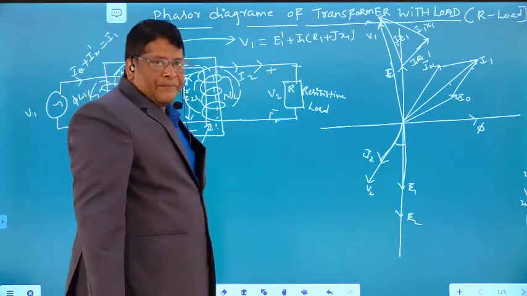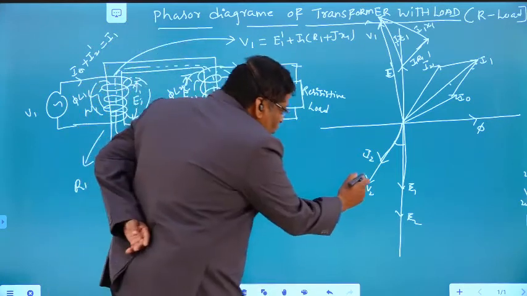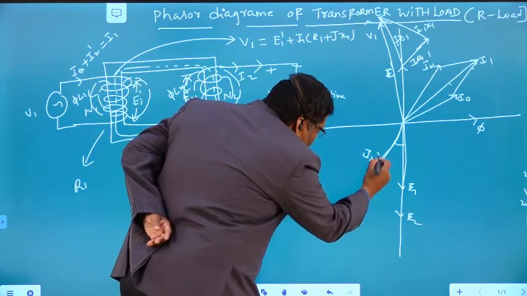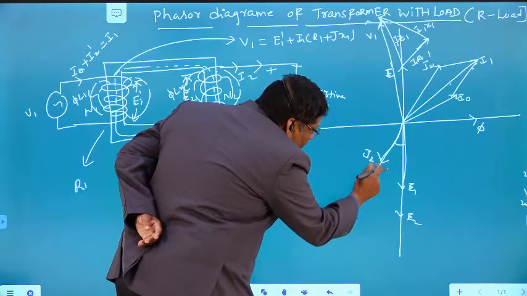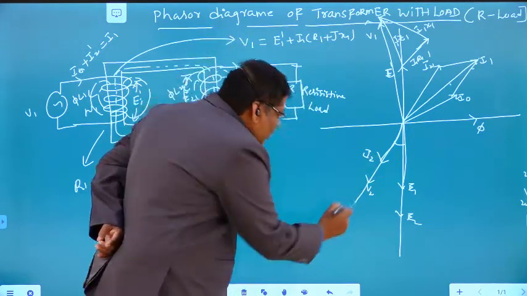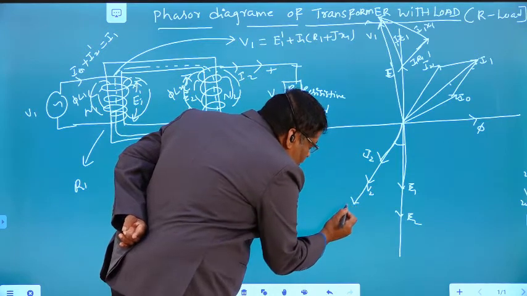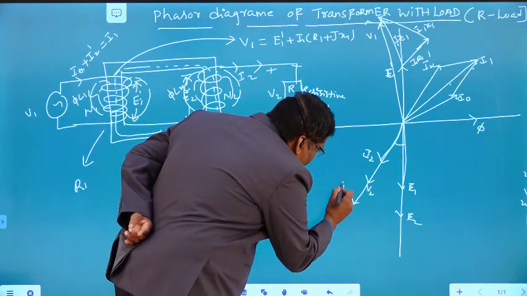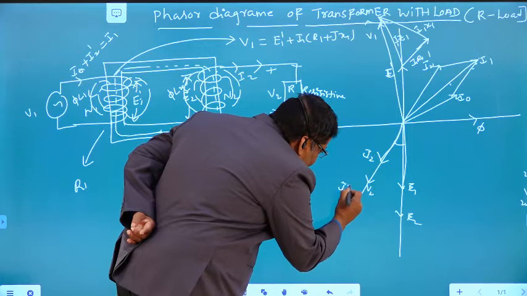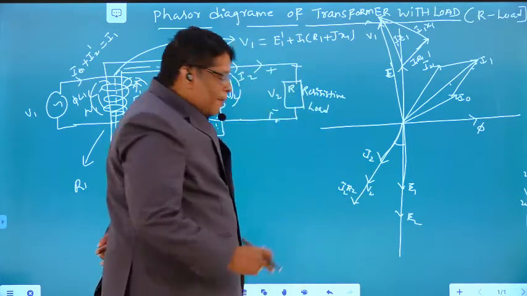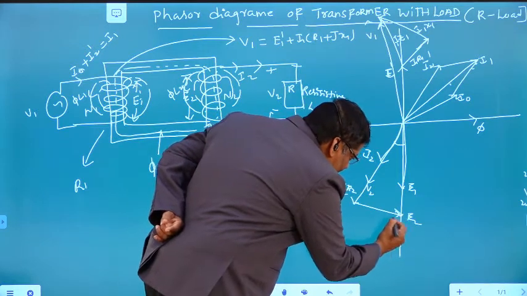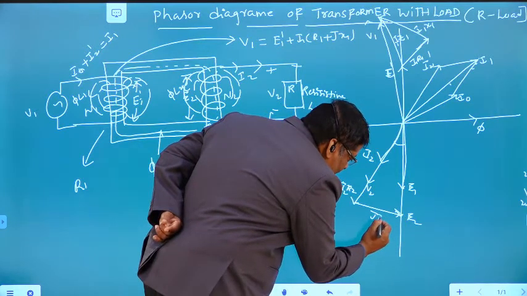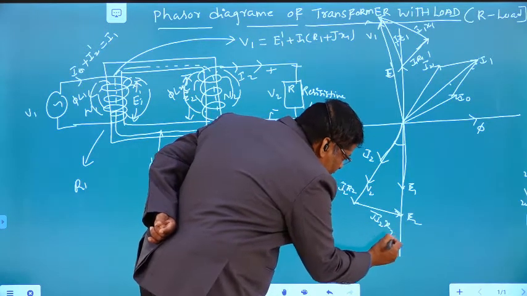Now come to the secondary. Again for V2, you add I2 R2. Here this is I2. I2 R2 is in phase with I2. From the tip of V2, you have to draw I2 R2. This is I2 R2. Now perpendicular to I2 R2, you draw J I2 X2.